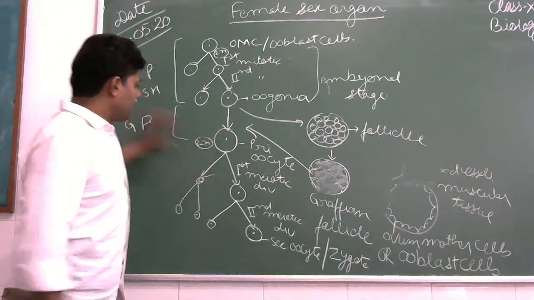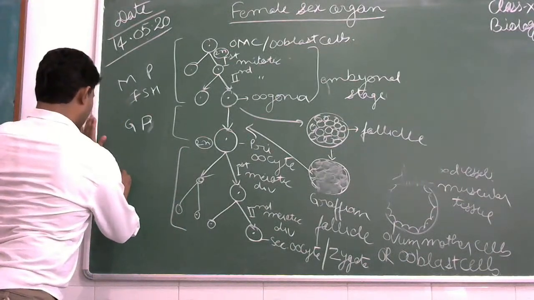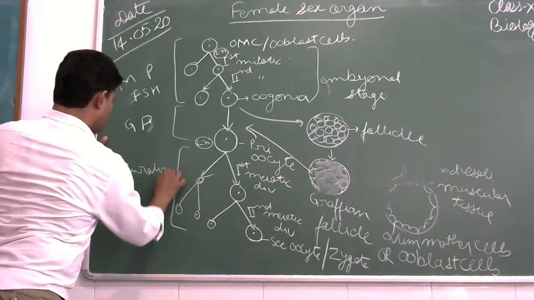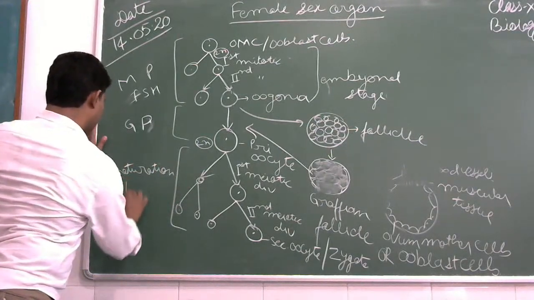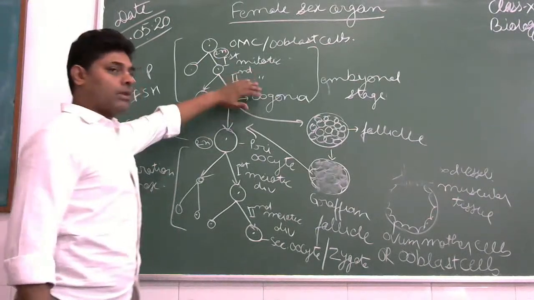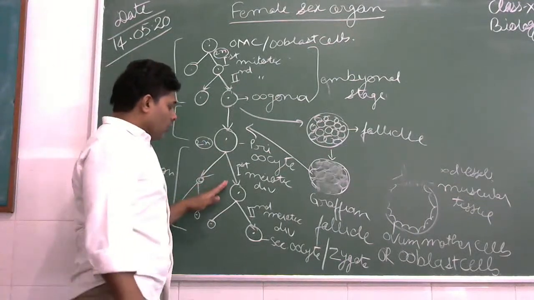So we should understand from here: this is the growth phase, and now this is the maturation phase, meaning the oogonia formed here will mature here and again divide meiotically. Now what happens?